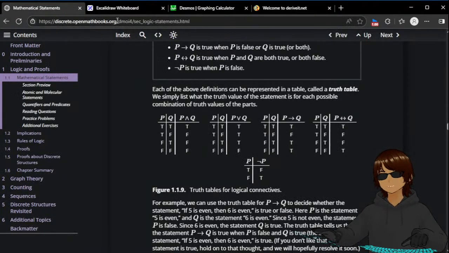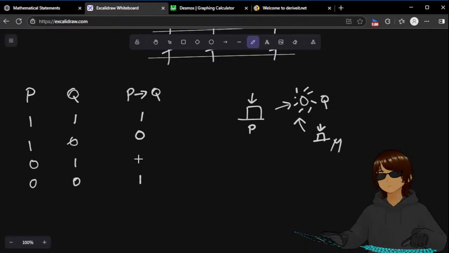So over here it says true. But the thing is, in our everyday language, even if this part is false, we would still say P implies Q. We would still say if P then Q.